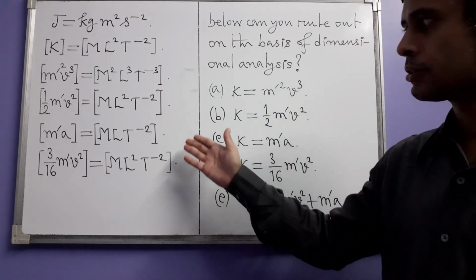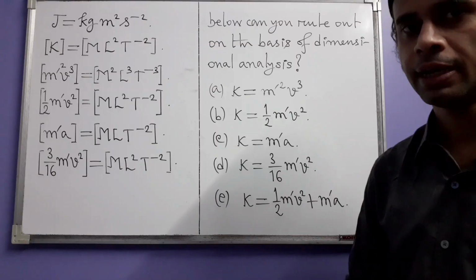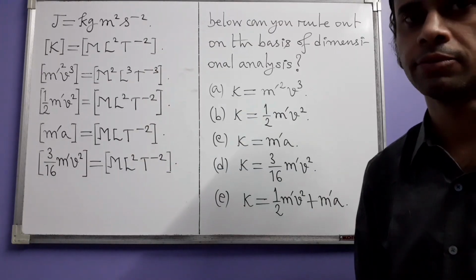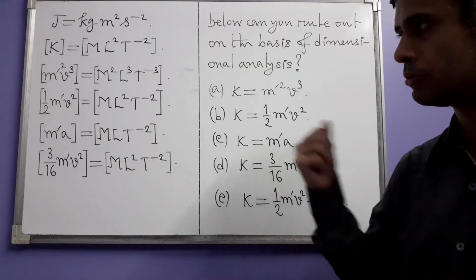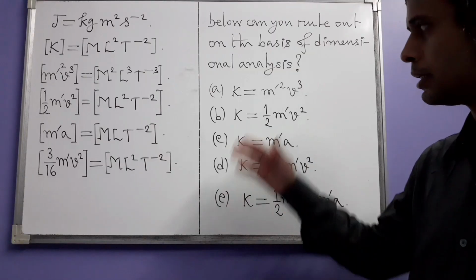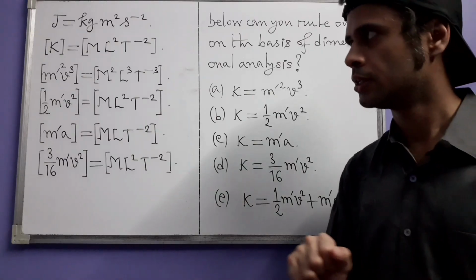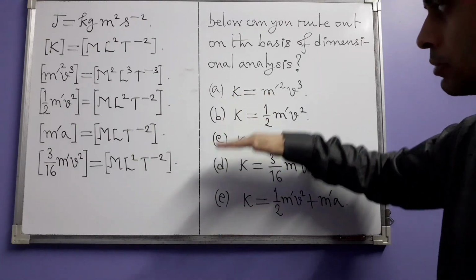So you can see the solution on this side. I haven't actually written it as a solution, I am just showing the main calculation of the dimensions of the different quantities involved here in these equations. If you really want to write a solution, you would have to treat them separately.